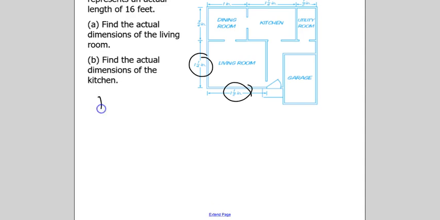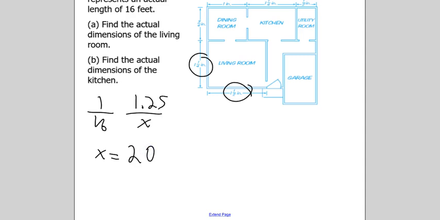So again, 1 inch, 16 feet. 1 1/4, which is 5/4, or we do 1.25. How many feet will that be? So that's simply just 16 times 1.25. So that's going to be 20.